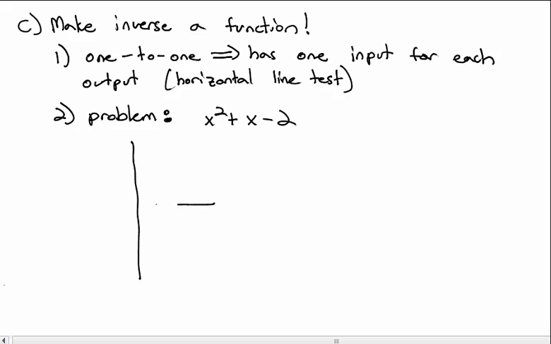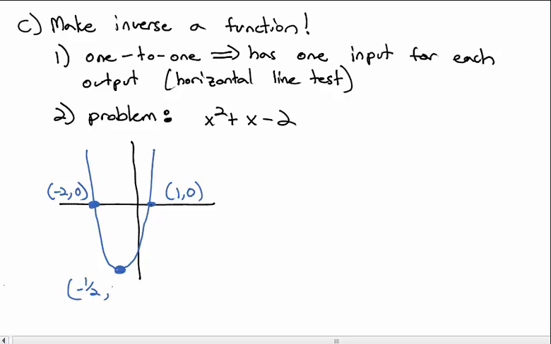A rough sketch of what it would look like would be something like this. There's a point over here at negative 2, 0, a point over here at 1, 0, and a point down here at the bottom that's negative 1/2, negative 9/2.